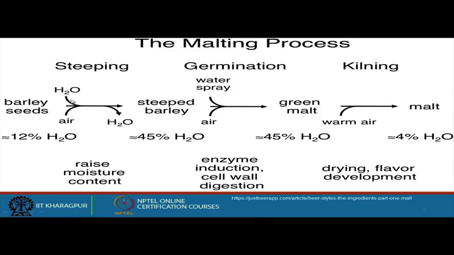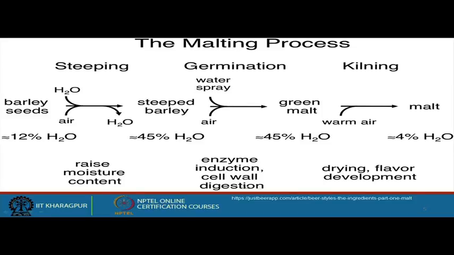Now it can be explained like this: in the steeping process, your barley grains are in the presence of water. Initially the water content of the barley grains is 12%. When you soak the barley grains in water, it increases to about 45%. I told you that we keep it under aerobic and humidified conditions so that germination takes place.